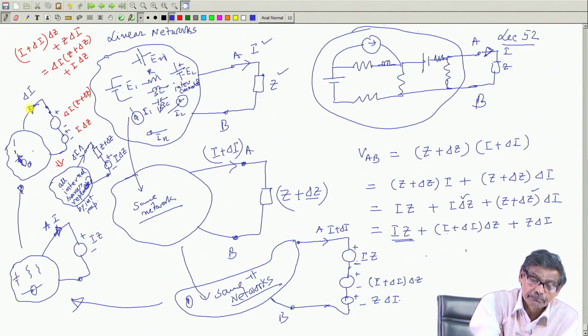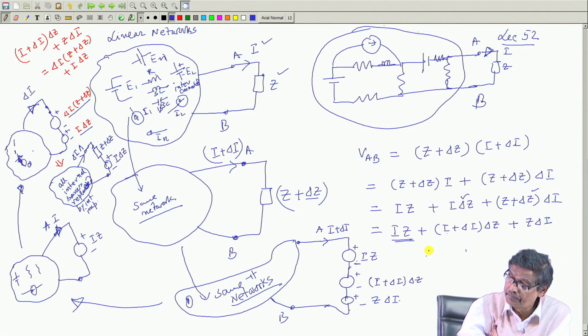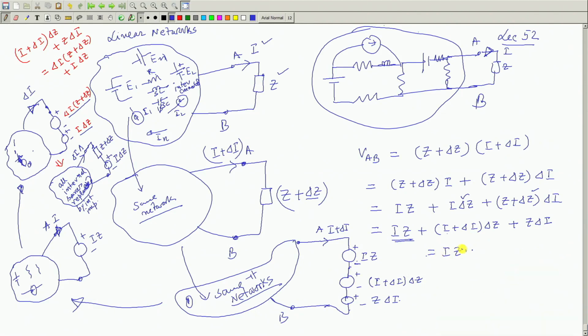Then this current must have been contributed by this term and this term, because this can be manipulated as I z. I z I have taken into account, I into delta z is there, and then delta I delta z plus this thing will give you delta I into z plus delta z.